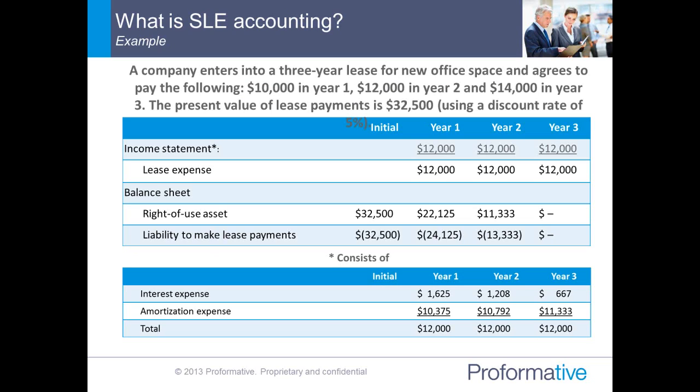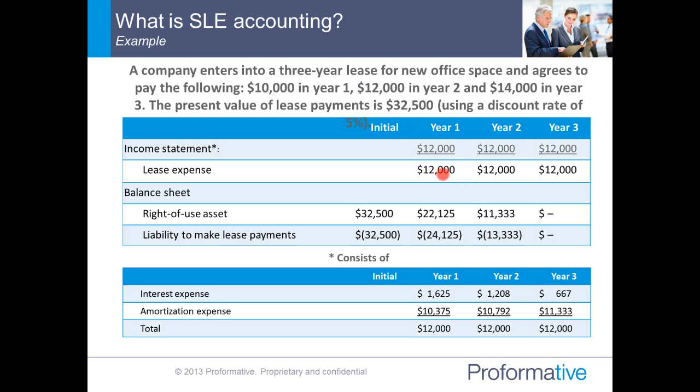Here's what the SLE accounting is, a single lease expense accounting. And you can see that the lease expense, in the example here, we have a lease with back-ended rents, $10,000 in the rent in the first year, $12,000 in the second, and $14,000 in the third.